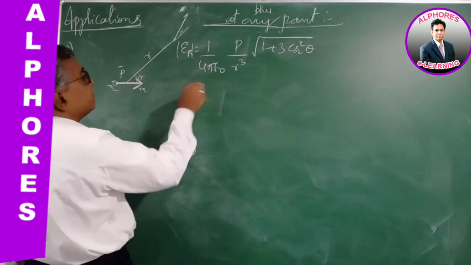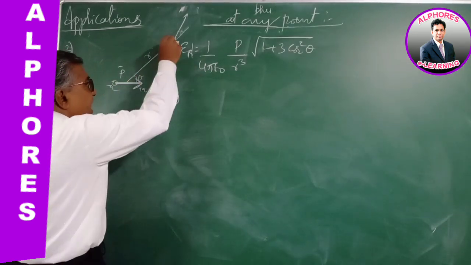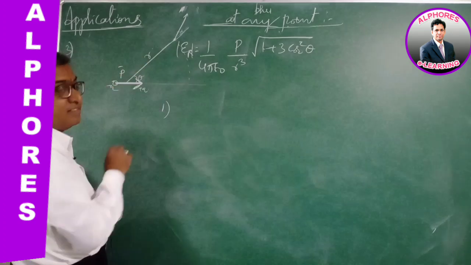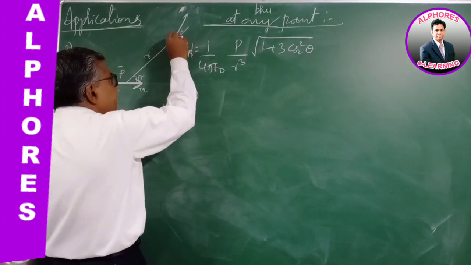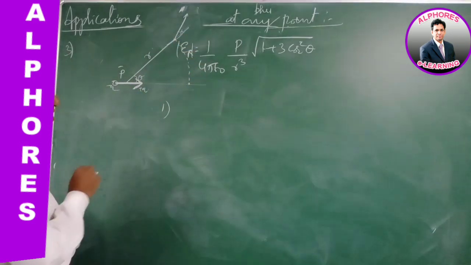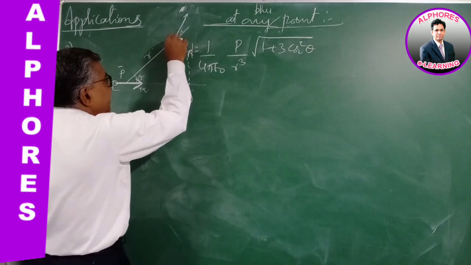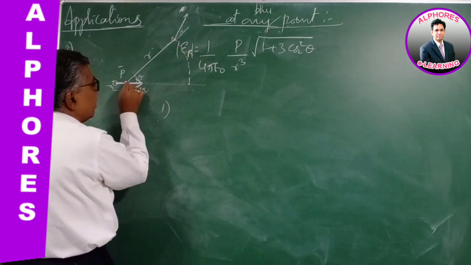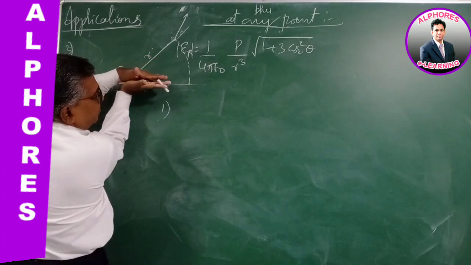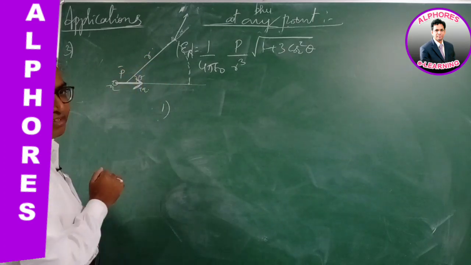Now let us take up the conditions. First, had this point been on the axial line itself, instead of here, if the point P is at this point on the axial line, then the radius vector will make an angle 0 with the axial line of the dipole.